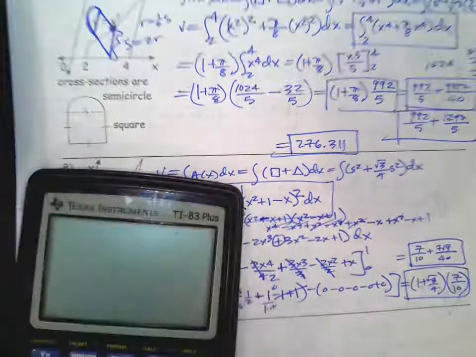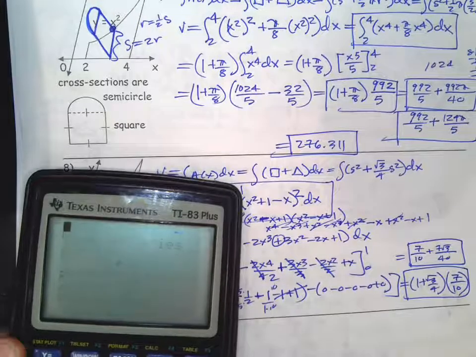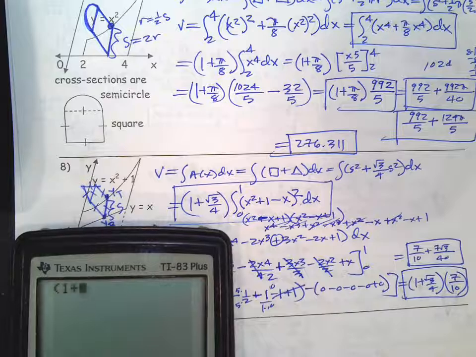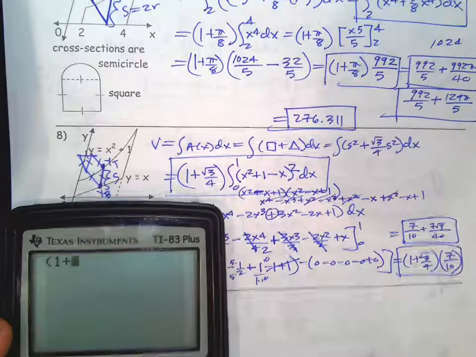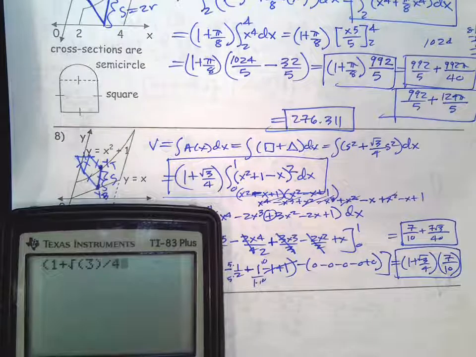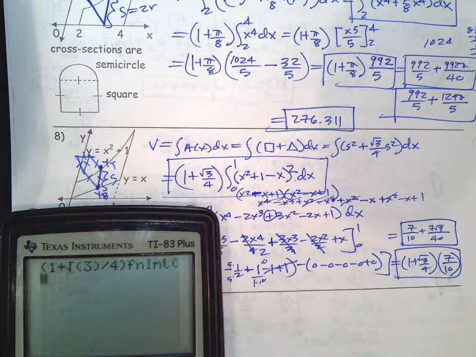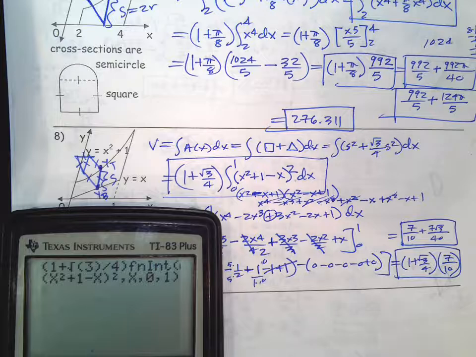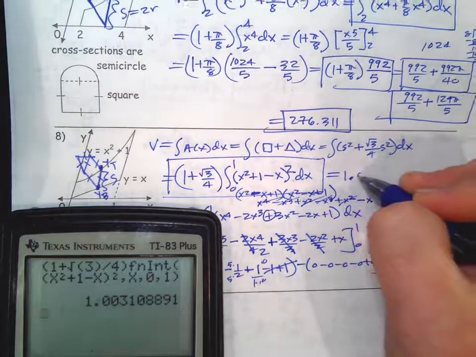And we can check it on a calculator. So let's try this. Parentheses 1. You didn't have to factor stuff out, but it does make it quite a bit simpler to type in. So we put parentheses around all that, and then we do math 9: parentheses x squared plus 1 minus x close squared, comma x, comma 0, comma 1, and we get 1.003.